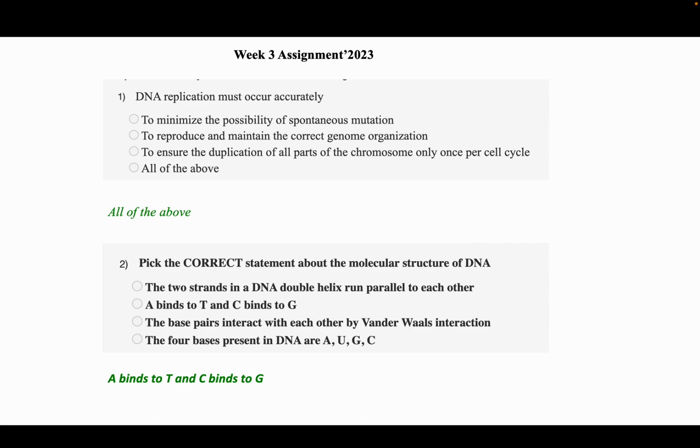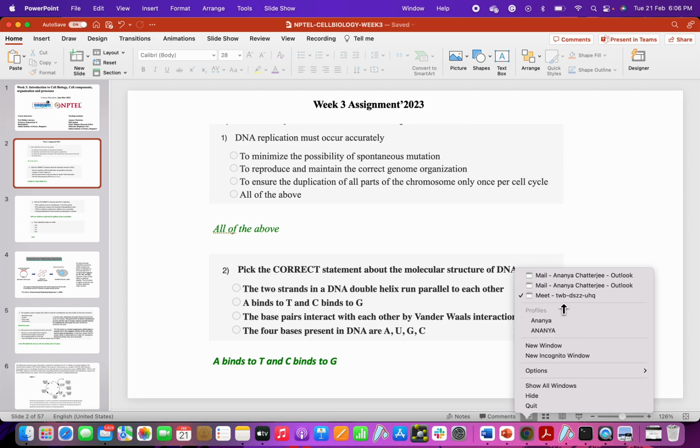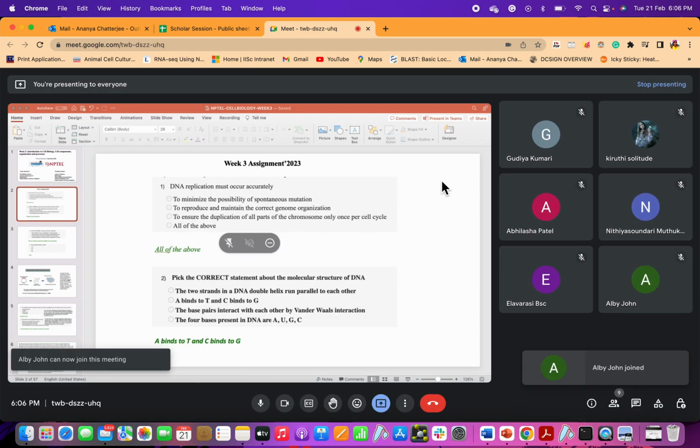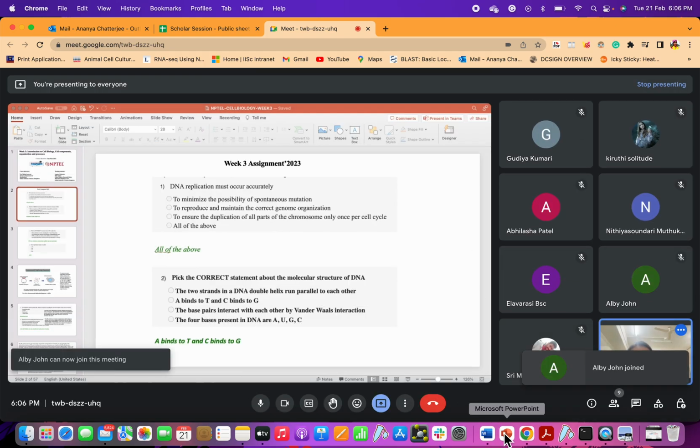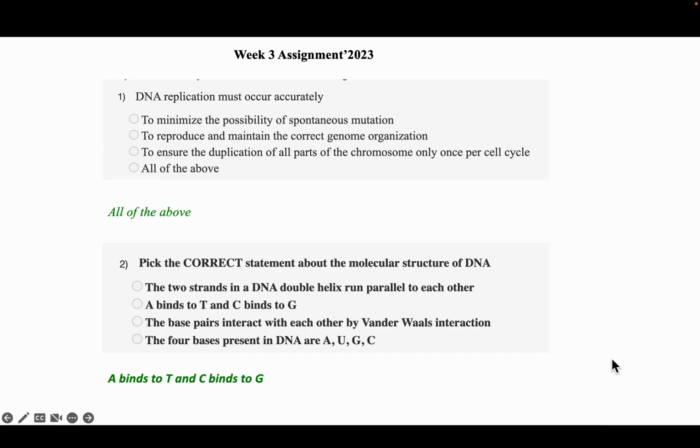So this is the first question: DNA replication must occur accurately.